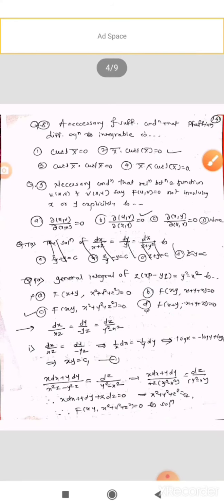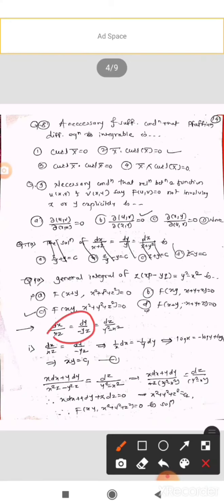Hence we observe that if x into y is present or x plus y is present, then adding dx plus dy, we check whether the denominator is 0 or not. If we add dx plus dy, then the denominator becomes xz minus yz. It is not 0, so it is not an integration of dx plus dy. Therefore x plus y is not an integral curve.